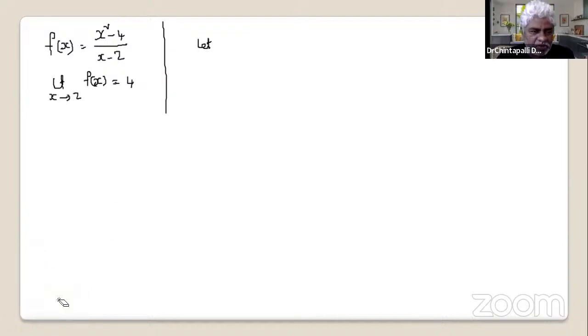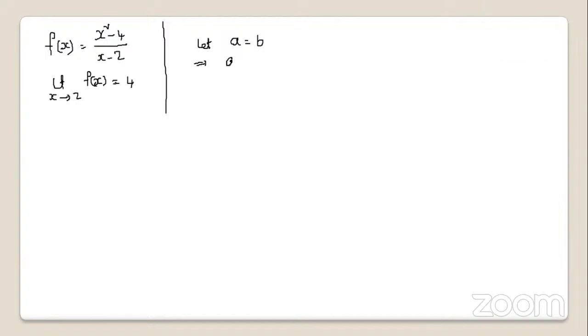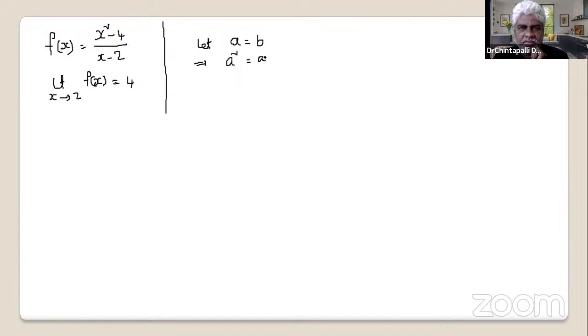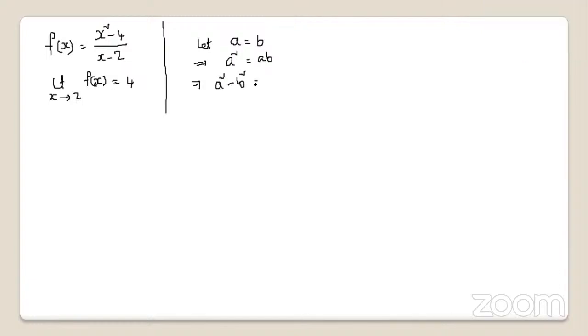Consider A is equal to B. Multiply both sides by A. A square equals BA. Very good. Subtract B square on both sides. A square minus B square equals AB minus B square.